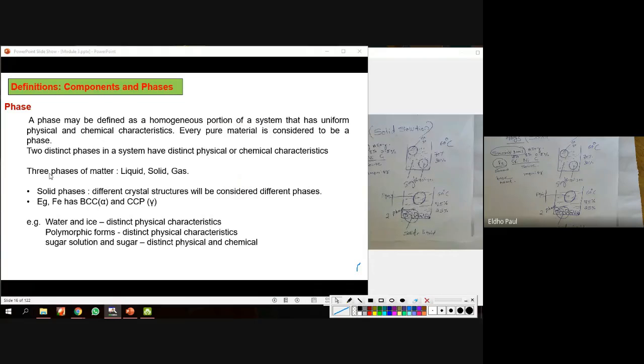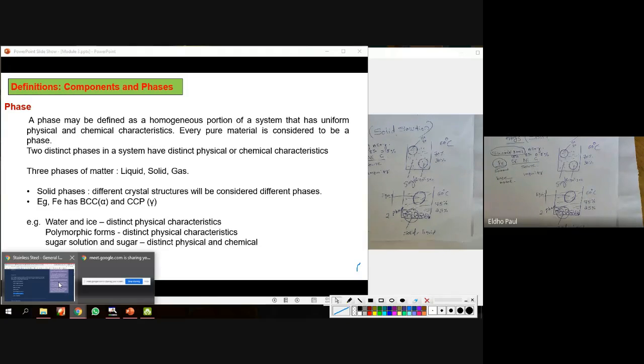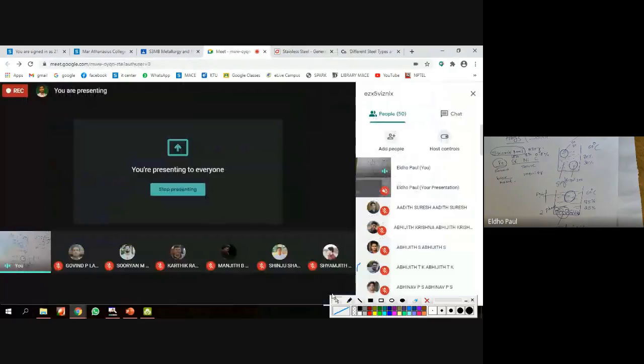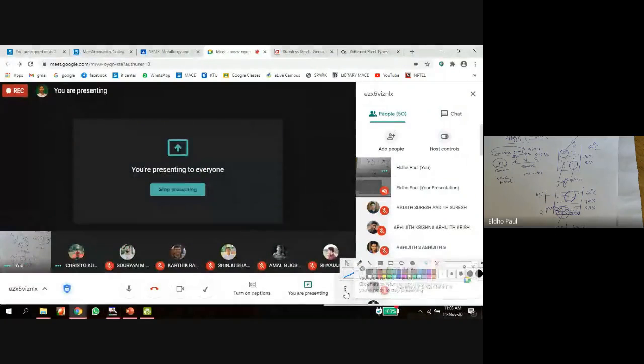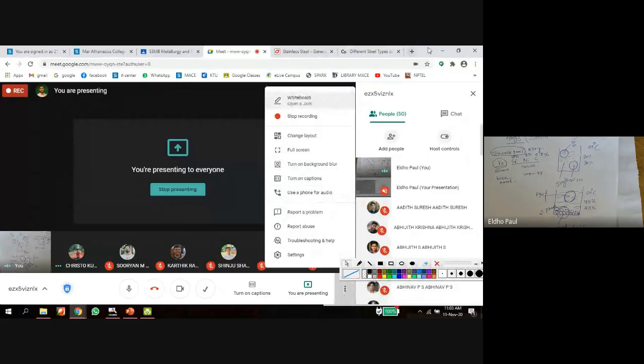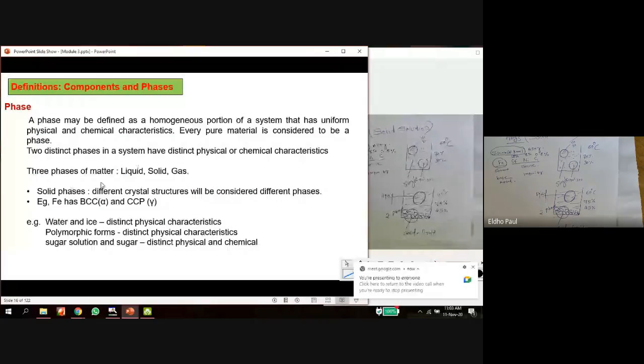Okay, so there are three phases of matter. When we consider the physical characteristics, there are three phases of matter: liquid, solid, and gaseous. In the solid phase, a different crystal structure will be considered a different phase.